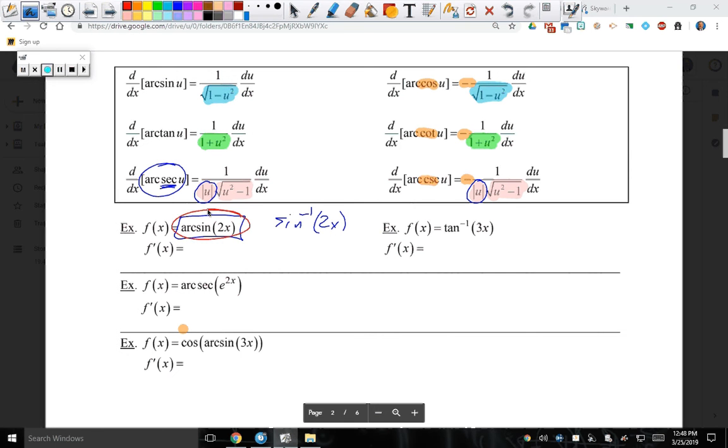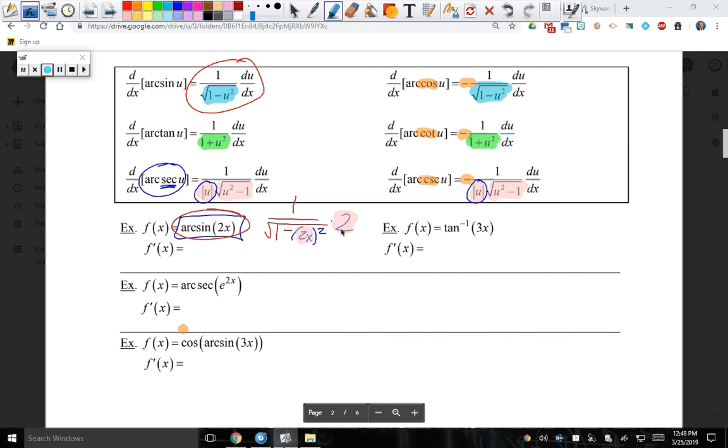For sine, it's going to be 1 minus u squared. So here we go. Arc sine is going to be 1 over the square root of 1 minus 2x squared, times what? 2. Because you have to multiply by the derivative of the crane.